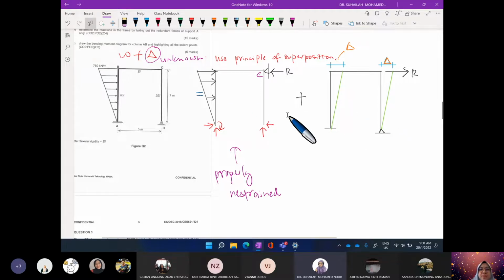Okay, so let me put the labels. This is diagram A, this is diagram B, this is diagram C. So the first moment distribution table will be diagram B.